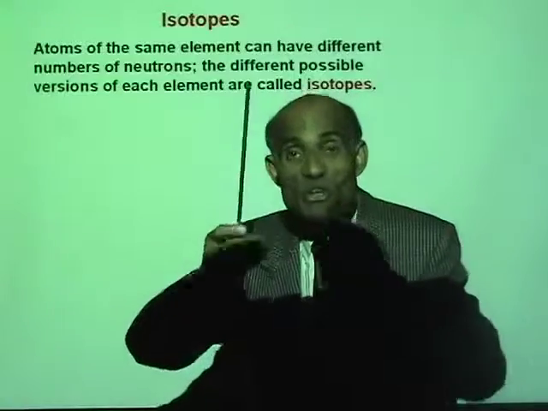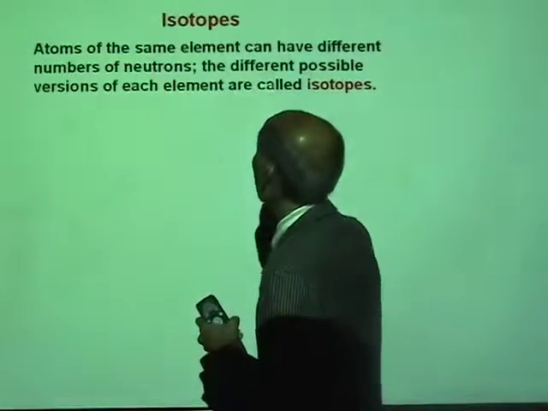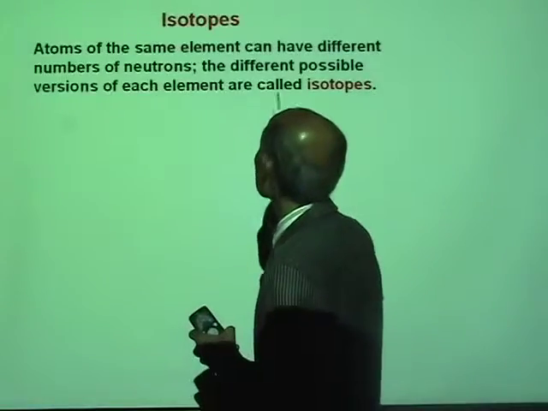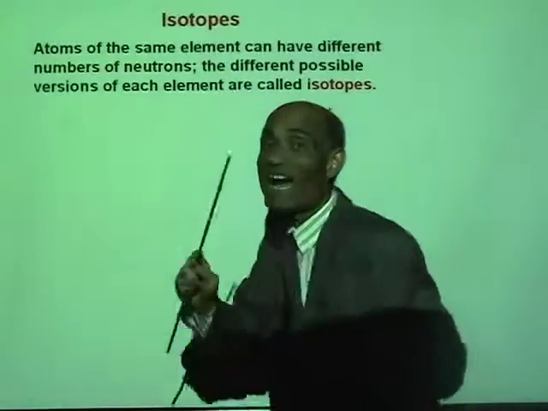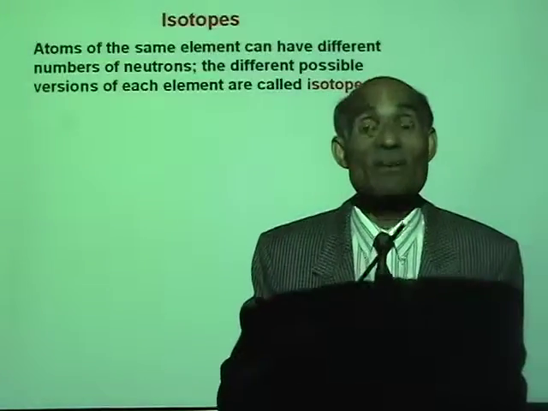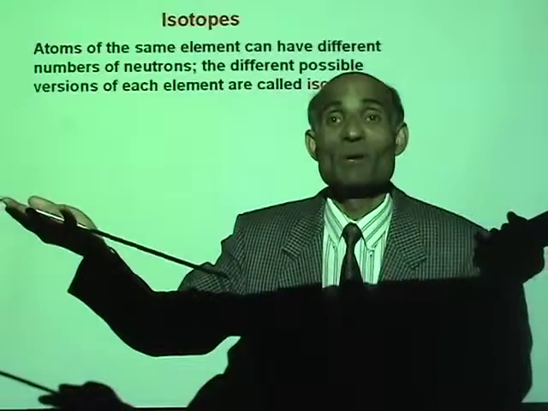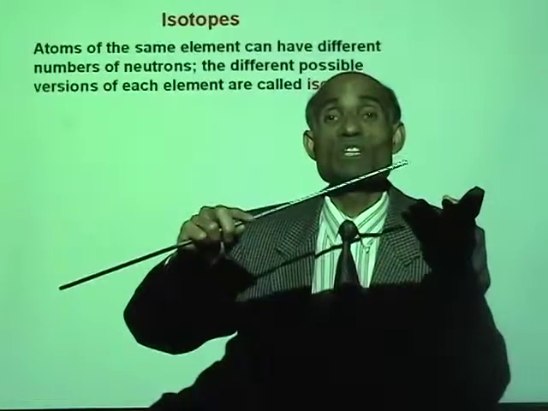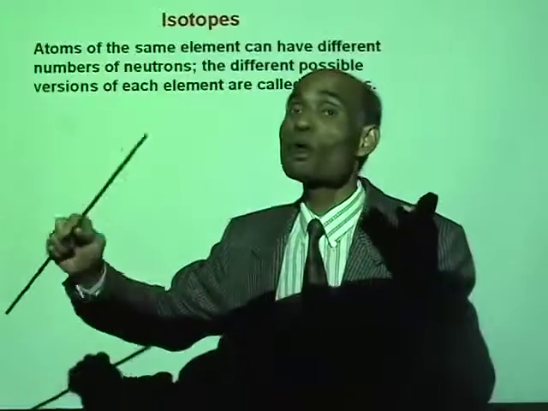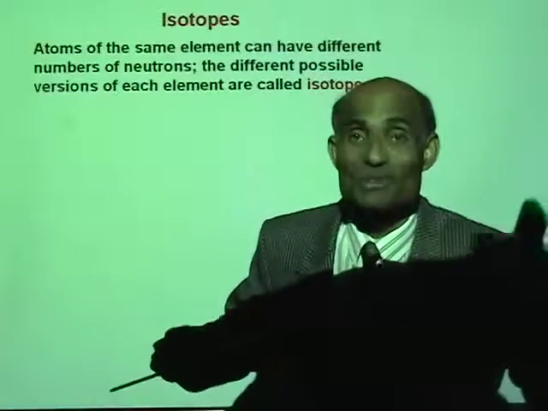Different forms are the same element. Different possible versions of each element are called isotopes. So, isotopes of an element are different versions of the same element, meaning the nucleus will contain the same number of protons but different numbers of neutrons.